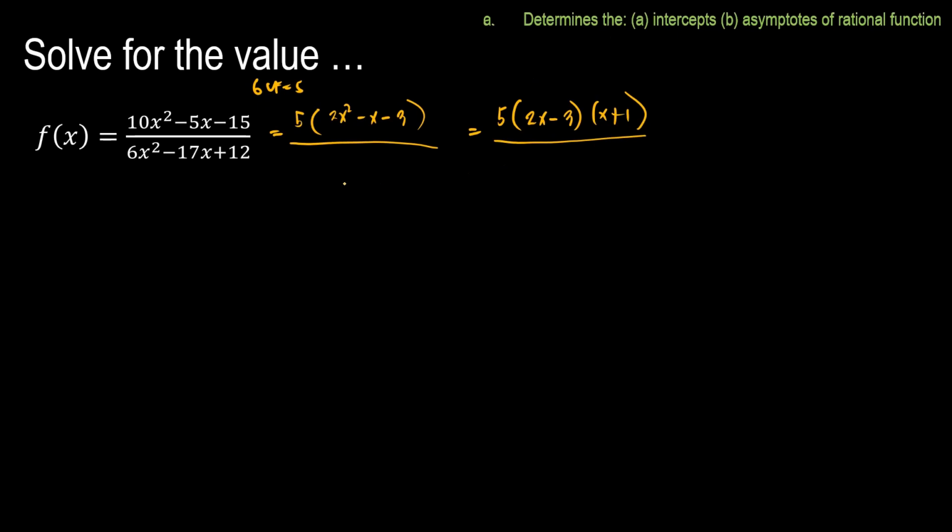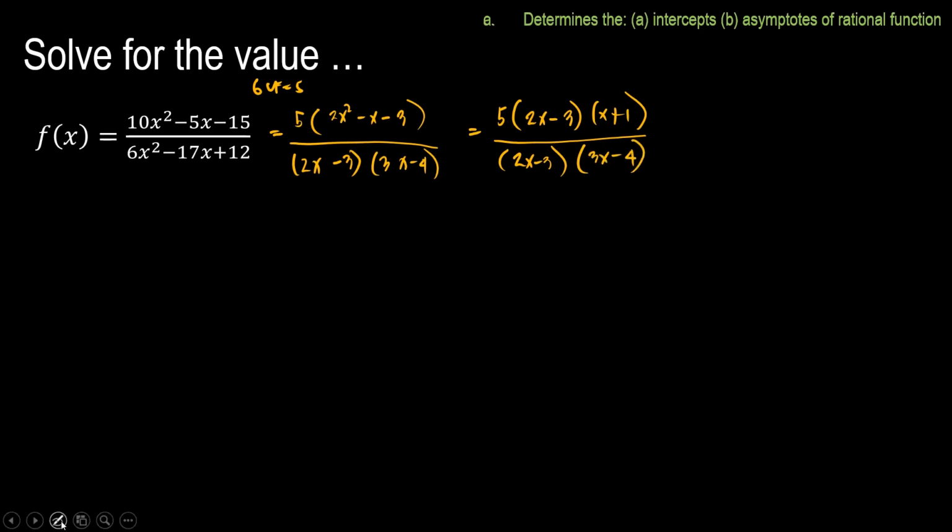Okay, so let's go here on the denominator. The factor of 6x squared minus 17x plus 12 is (2x minus 3)(3x minus 4). Again, if you're hesitating, do the FOIL method to recheck.